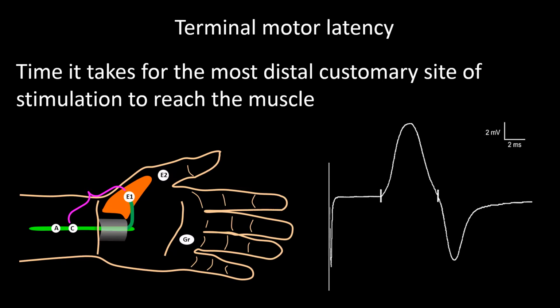The terminal motor latency, abbreviated TML, is the time it takes for the electrical activity to go from the cathode to the E1 electrode. The normal terminal latency in cases of median nerve in adults is less than 4 milliseconds.